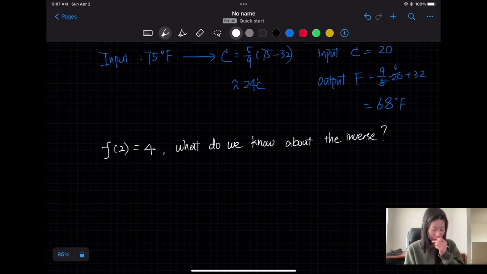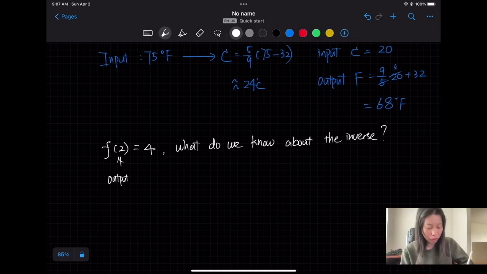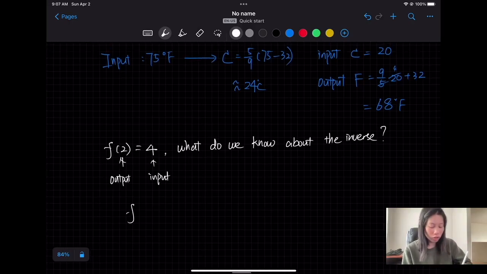If you think about it, this is your input originally. So now in the inverse function, this has become your output. This has become the input of the inverse function. So for the inverse of the f function, the input is 4, the output is 2.